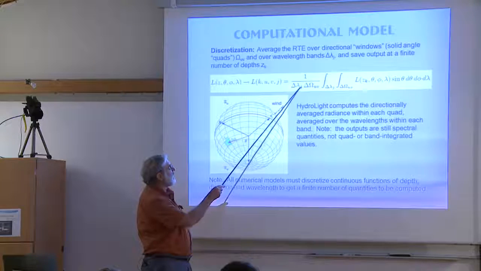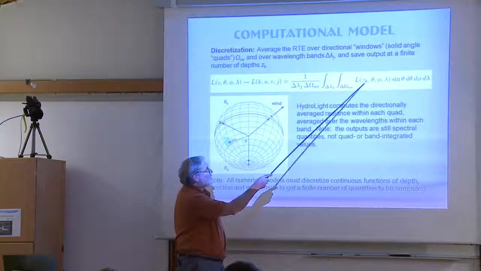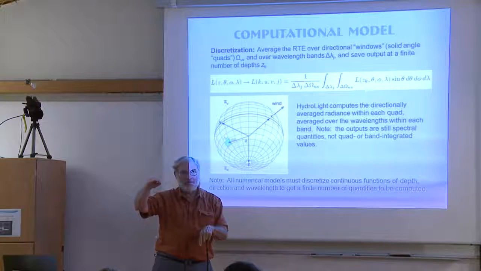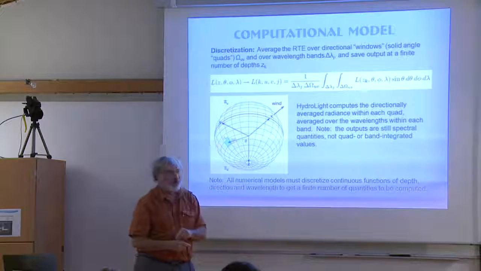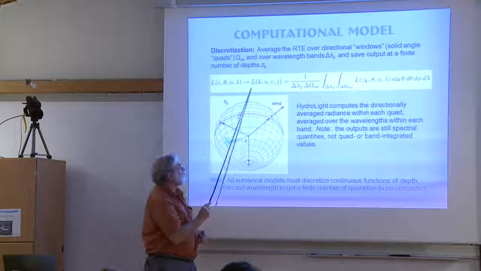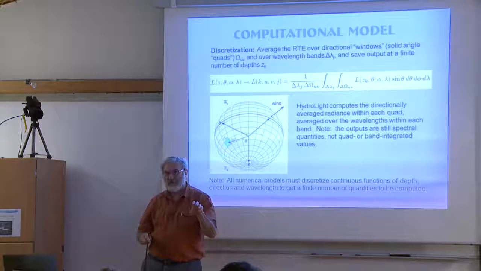And then you'll save the output at some particular set of depths, let's say Z sub k. So you'll save the output maybe at depth 0, just below the surface, at 1 meter, 5 meters, 10 meters, whatever you want. So that's how you turn a continuous variable into a finite number of numbers that you can actually solve for on a computer.